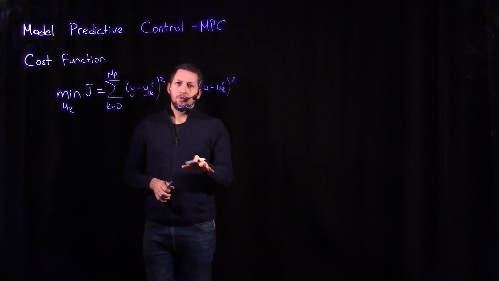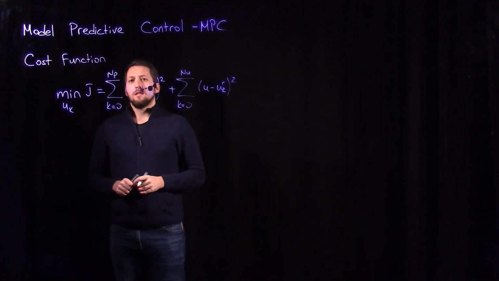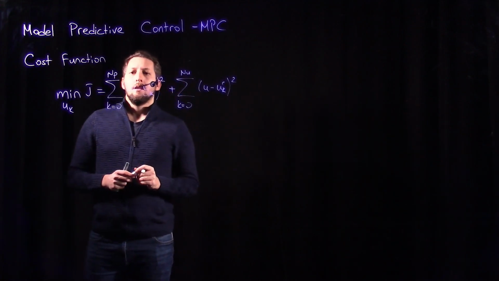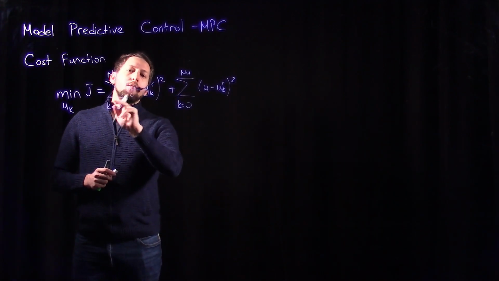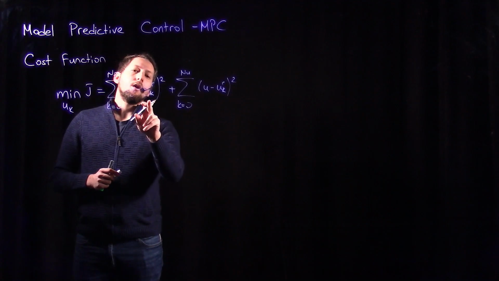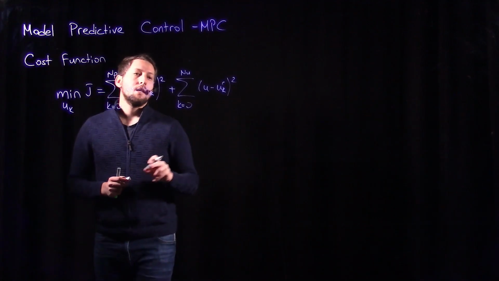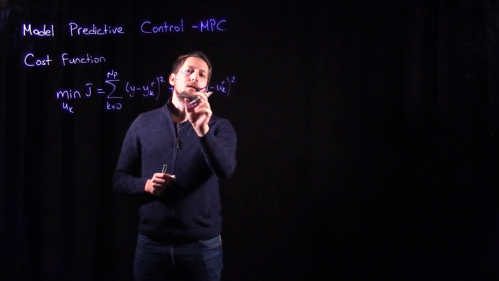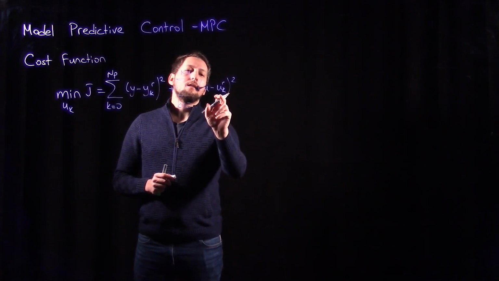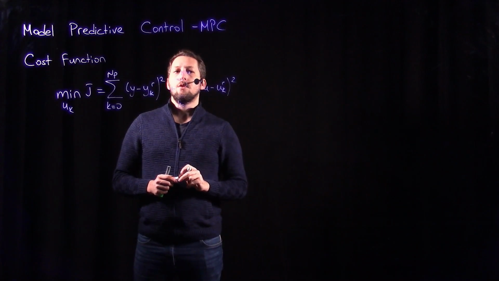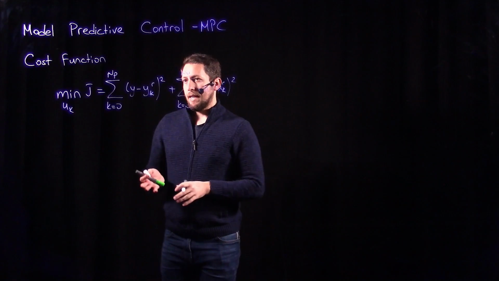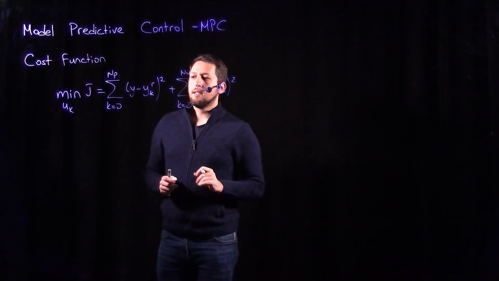I think we need to stop here for a while because there are some new concepts and new terms here. We have our output variable and our reference for this output, and on the other side of the cost function we have the input and the reference value for our input. It shouldn't necessarily always be like that, but this is just an example.